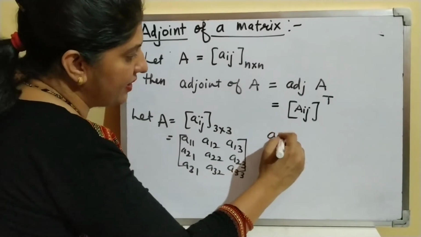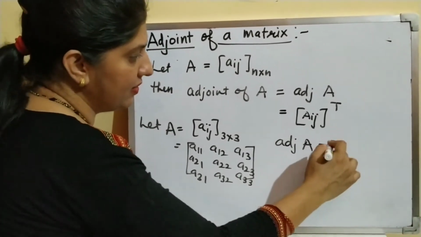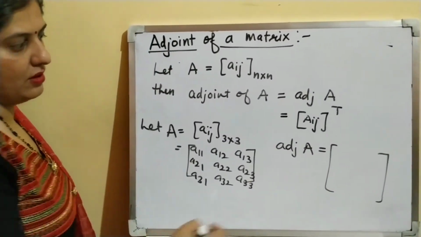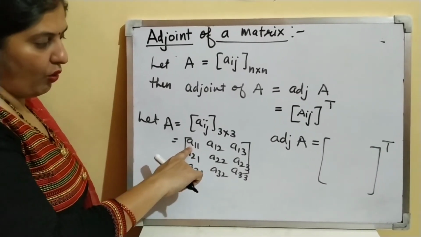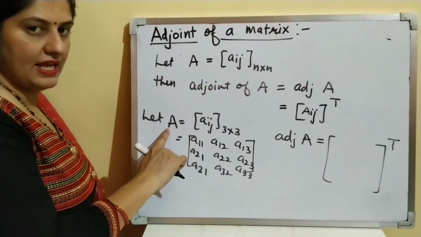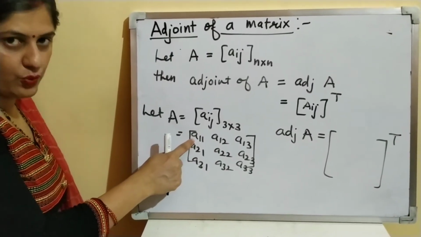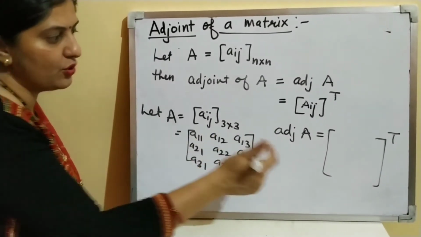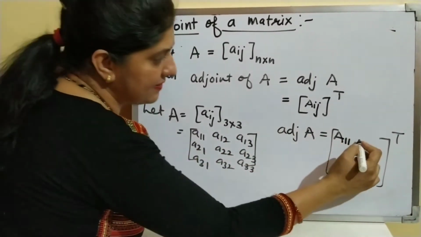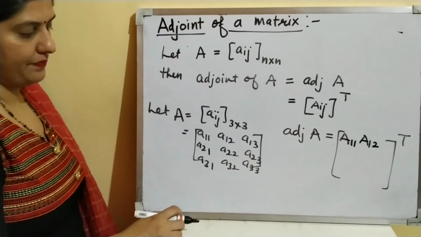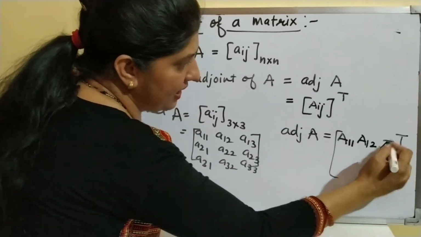Now we have to find adjoint of A. Adjoint of A is a matrix formed by taking the transpose of the cofactors of elements of the given matrix A. So we have to write cofactors here. First element is a11 and the cofactor of a11 is denoted by capital A11. Next element is a12, write its cofactor, capital A12. Third element of the first row is a13 and the cofactor is capital A13.